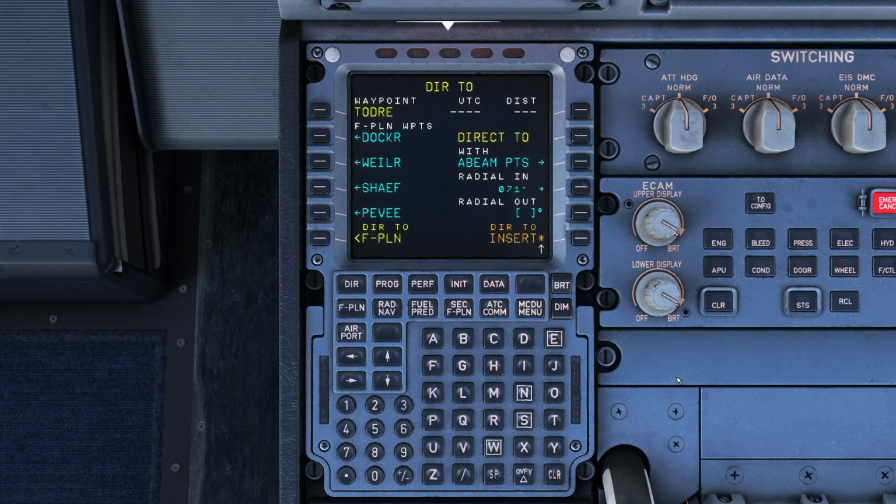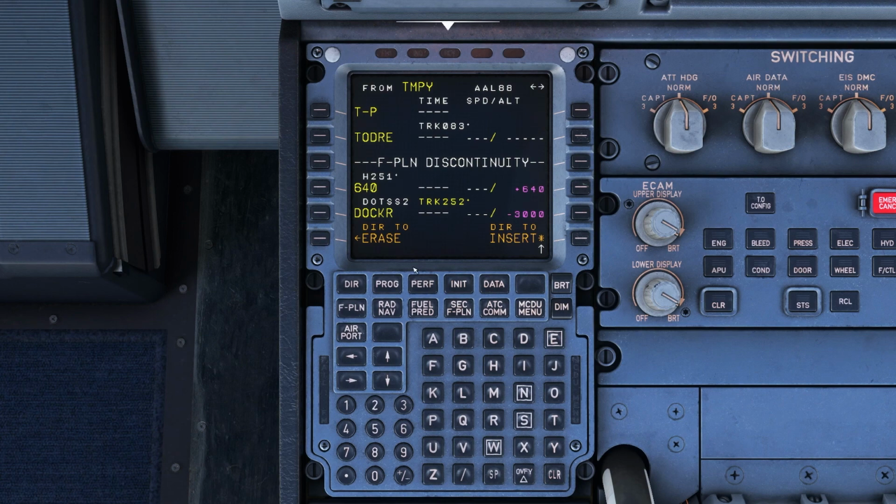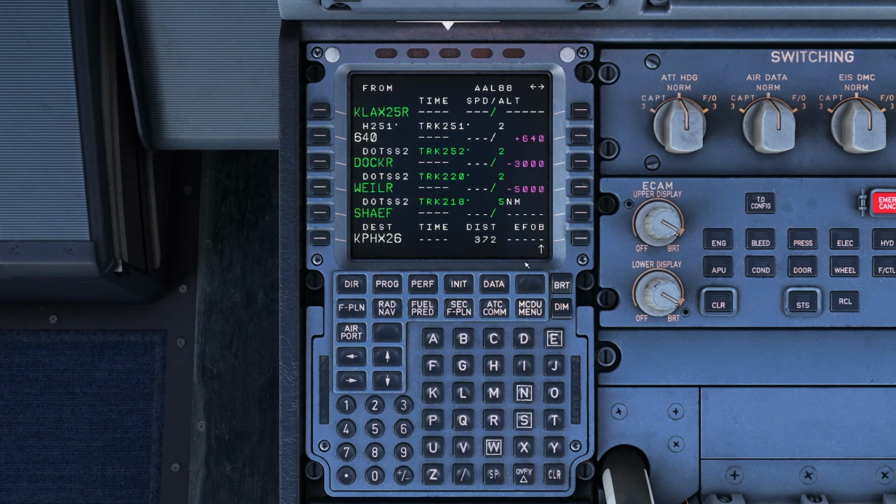And then when you're ready, just get that ready, and when you get to the point where you have some space to get to Todder, then you do insert. And once it inserts, it will then just stay right on path. And once you hit Todder, then it will go to Jagal, and then it'll go to whatever the other waypoint is, Prune. And it's pretty straightforward. Let me erase that.